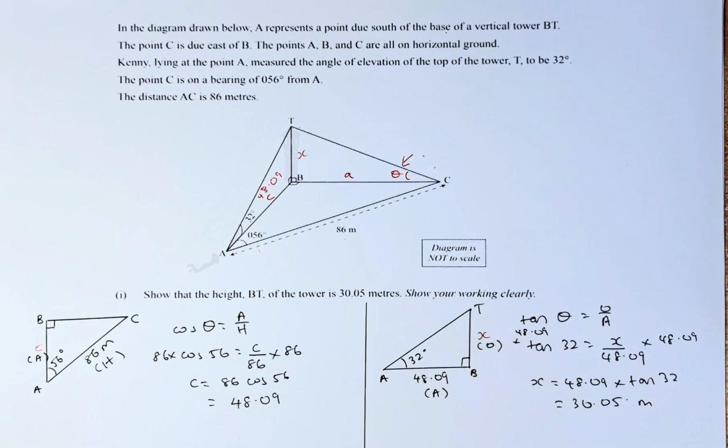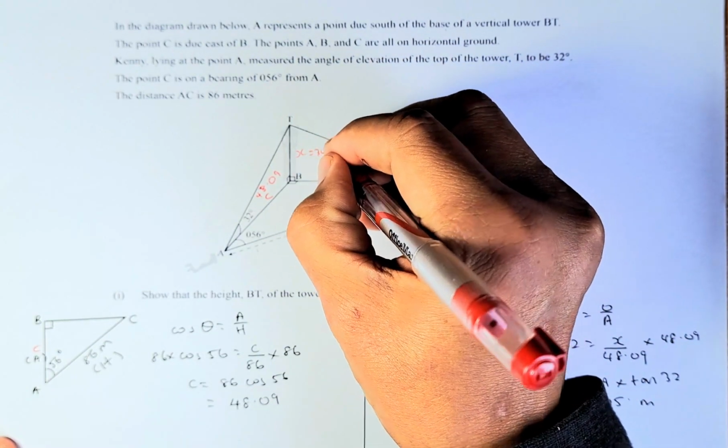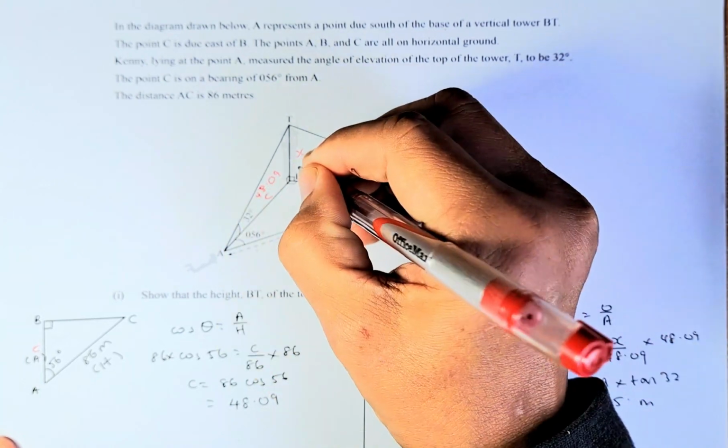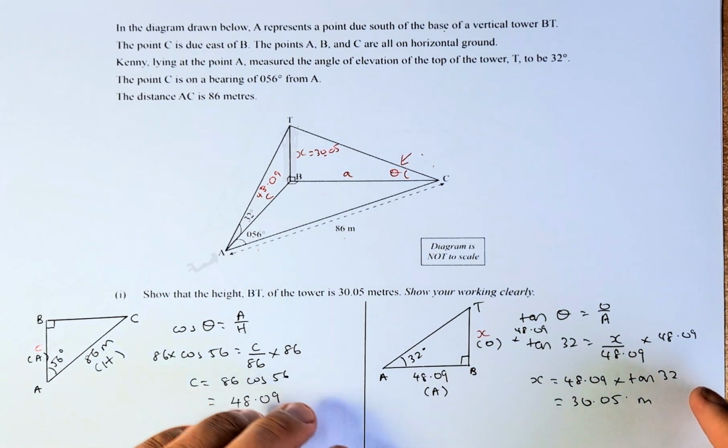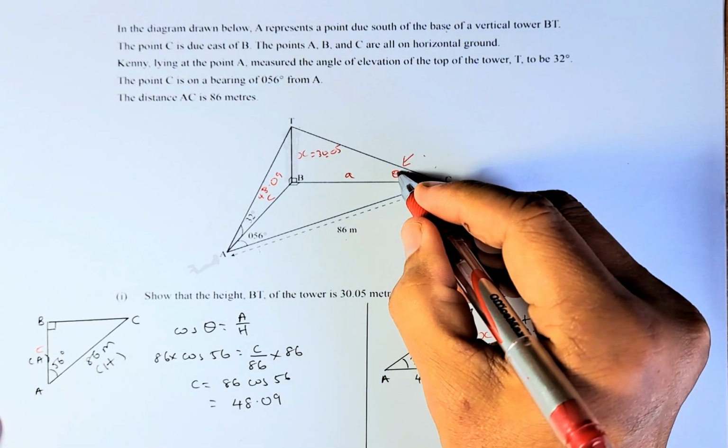So that is how you calculate the length. We put the numbers here: X, the tower, is 30.05, and the length C is 48.09. Now we transfer that data into our next question. The next question is to find the angle of elevation theta here.